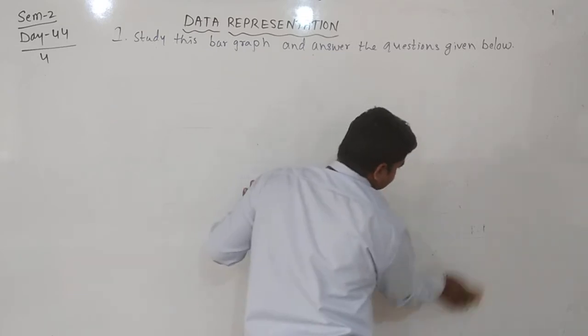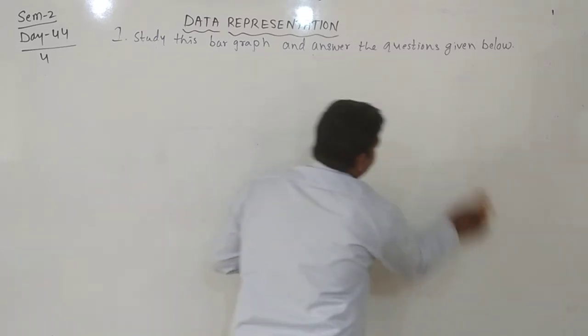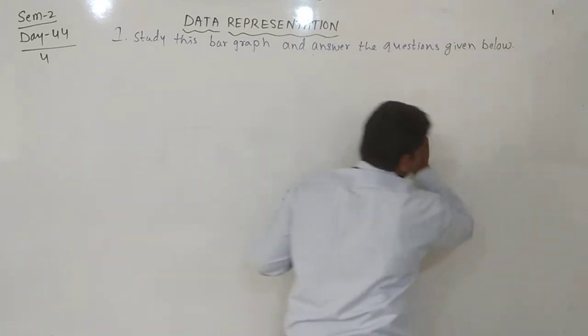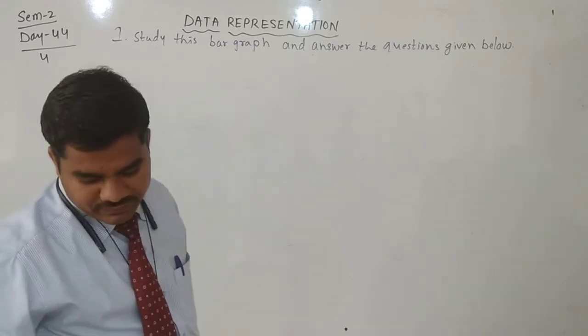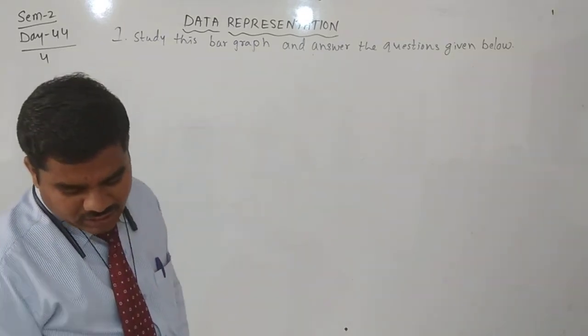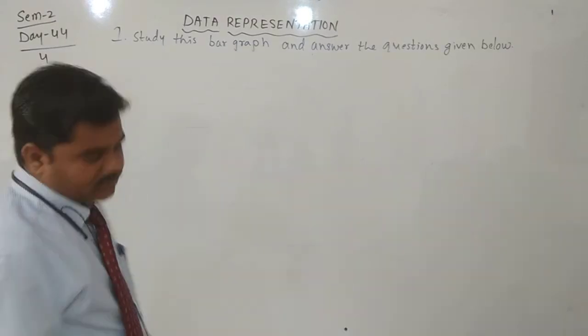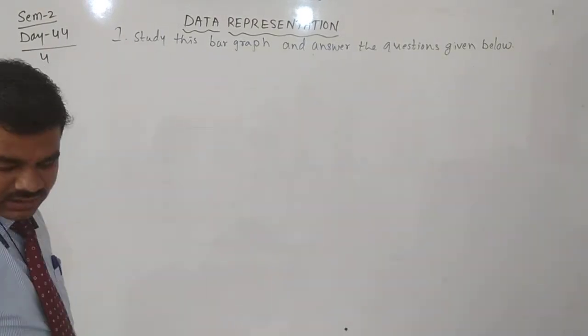When we represent it in the form of numbers or pictures, that is a pictograph; in the form of bars, that is a bar graph. Now draw a vertical bar graph for this data.